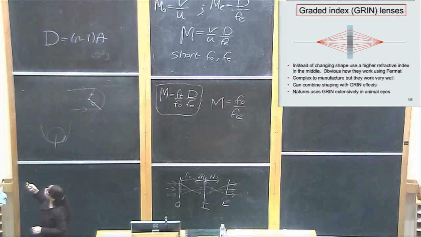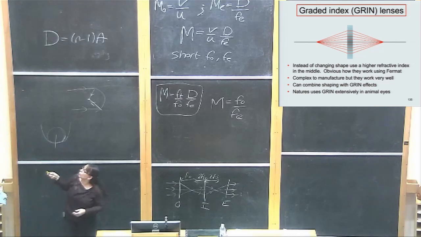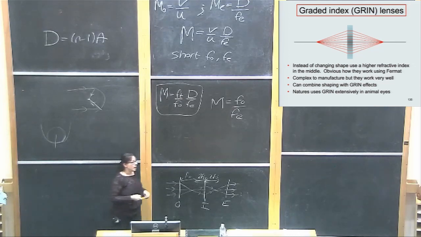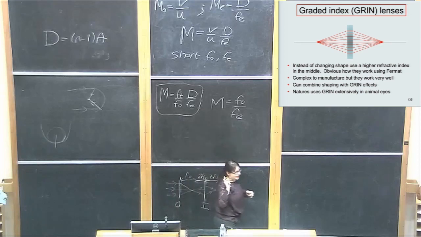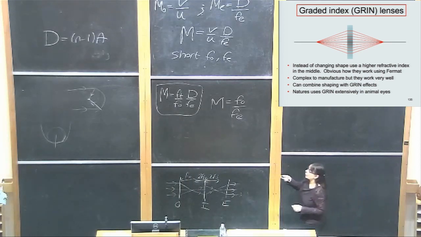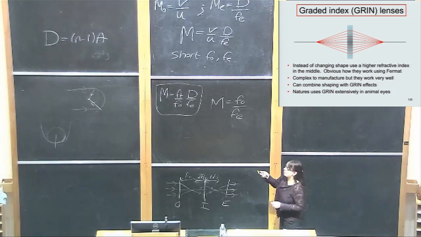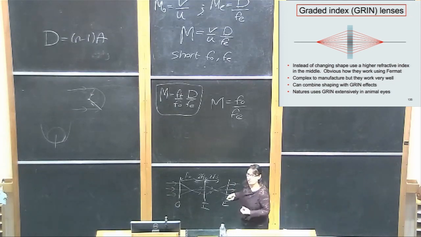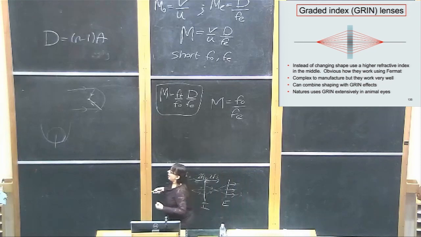So we've got the shortest geometric path here, but the light will travel slower here in the glass than it does up here, and you've got to exactly compensate, right, so that all of these light paths take the same amount of time. So these work very well if you can make them, but they're very difficult to make. You've got to control the variation of the refractive index very, very precisely. It's quite tricky to do.